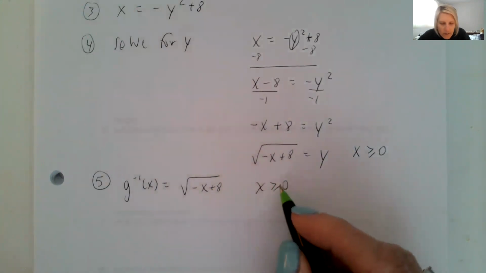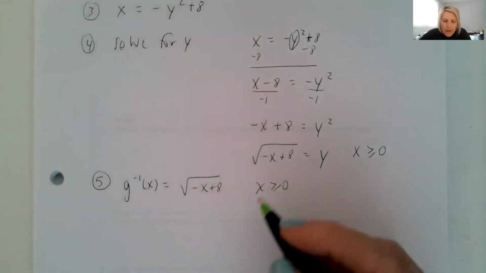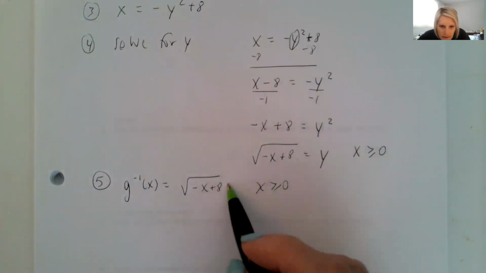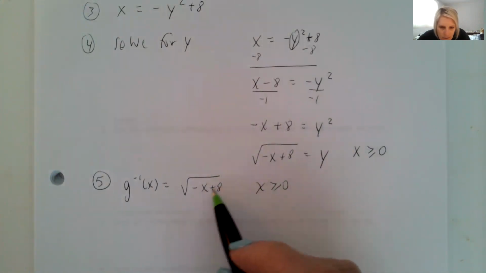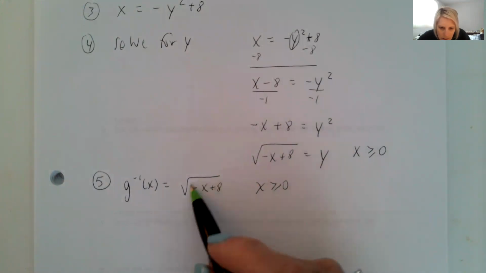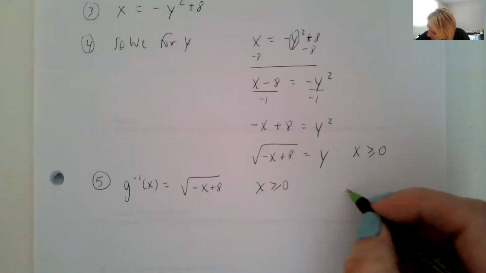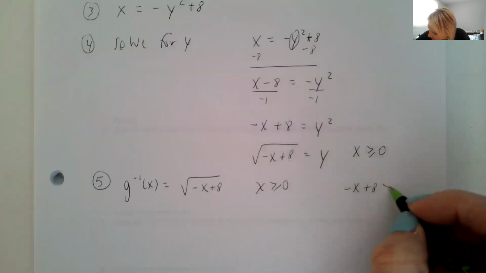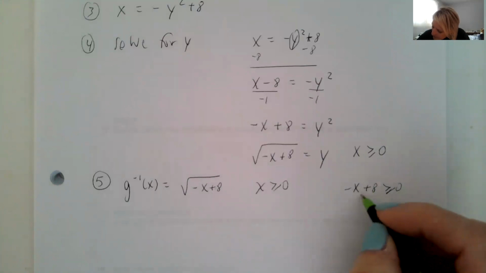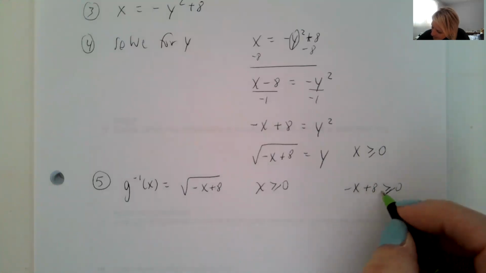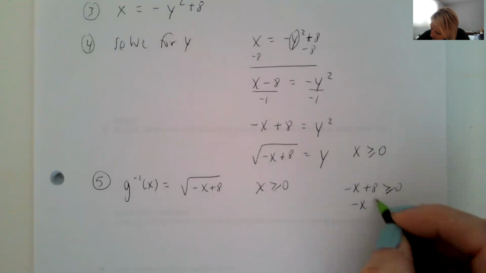Actually, less than or equal to 0. Because negative x plus 8 needs to be greater than or equal to 0 on the inside. So flip that over, x greater than or equal to negative 8.